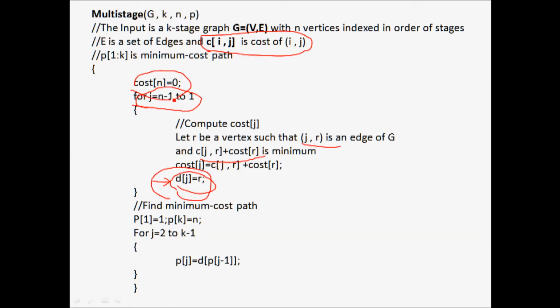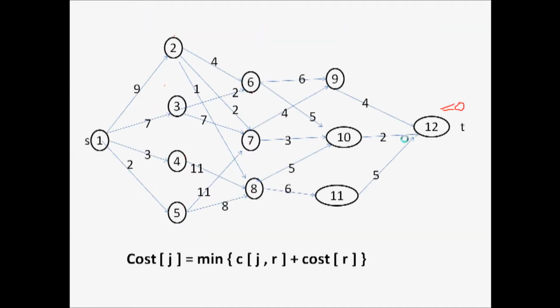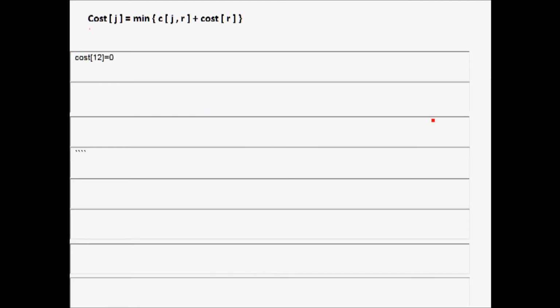So we will start from vertex number 11 to calculate our minimum cost path. We have to find a vertex r such that j r is an edge of G. In this case, if I choose vertex number 11 according to the loop, then r is 12.